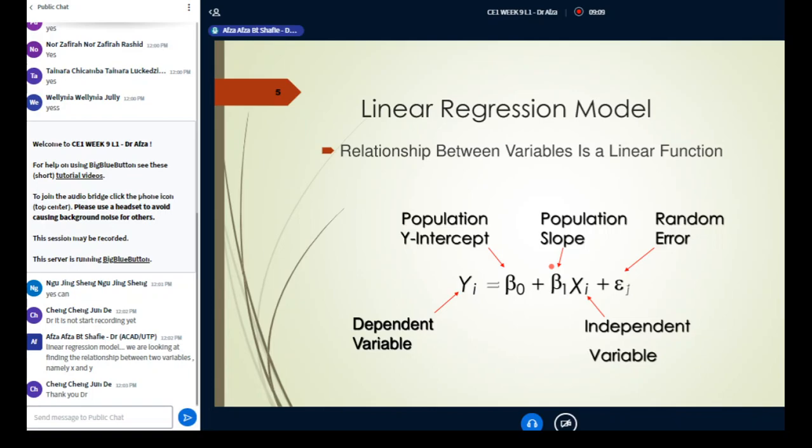Why do we put an error? Because we could not actually get the exact equation that is going to fit the x and the y together, because if we had the exact equation, then we wouldn't need to estimate the values of beta naught and beta 1. So we want to find this relationship between the dependent variable and the independent variable. Beta naught and beta 1 are what we call the model parameters.